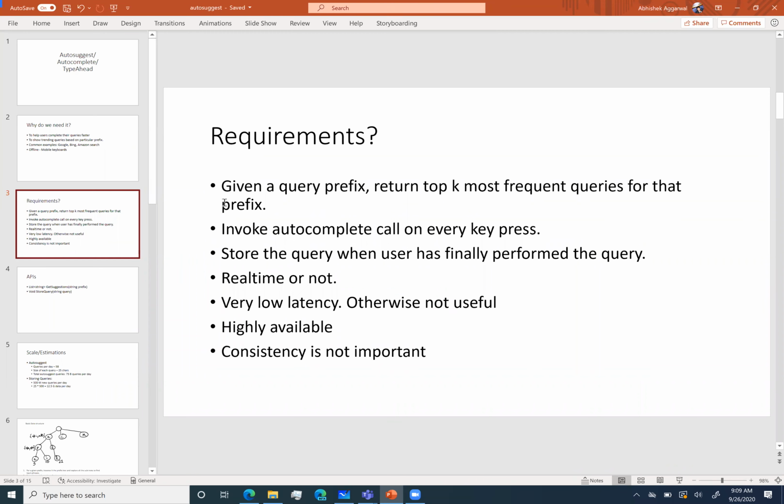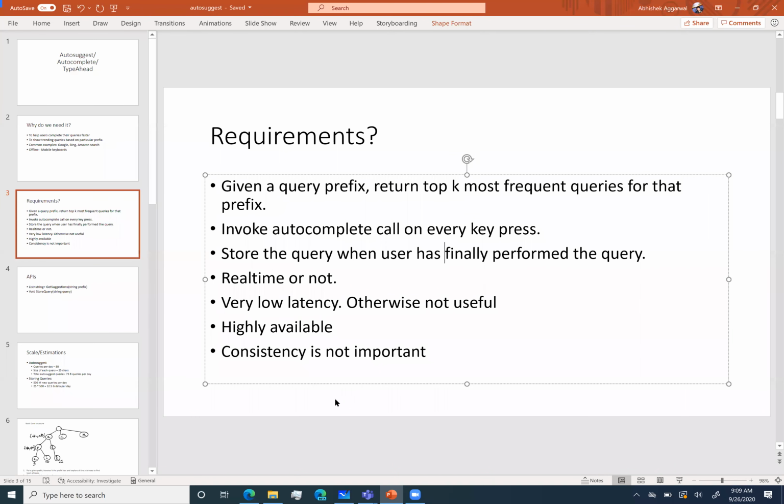Then there will be another API to store that user query, what the user has finally decided to search for. That will be invoked once the user has pressed enter or has finally decided that this is the query he wants to search for. So the reads will be a lot more, because you have to invoke this call on every key press, and the write will be invoked once you have completed your query.